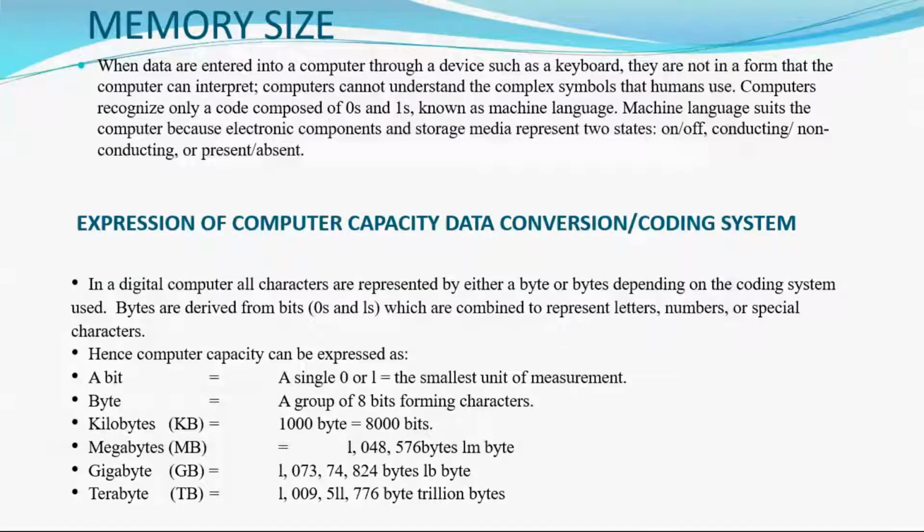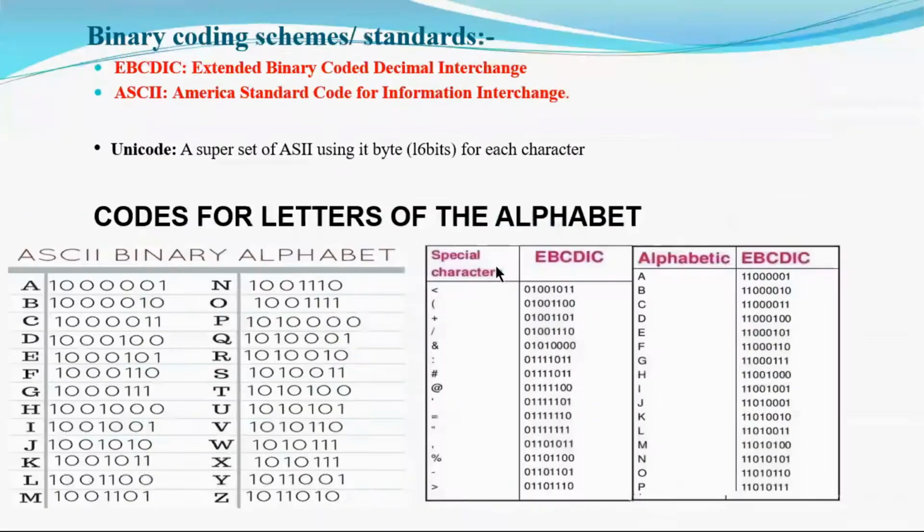All right, now coming back to our presentation, we're going to move on to the next slide. Remember I told you the computer has to convert these words, the characters, into something it can understand. Whenever we are typing in our computer, the words are what we understand, for example, right now we are reading the binary coding schemes or standards.